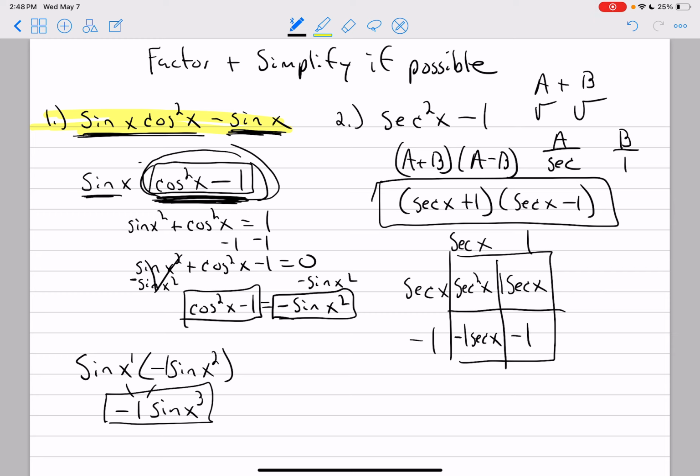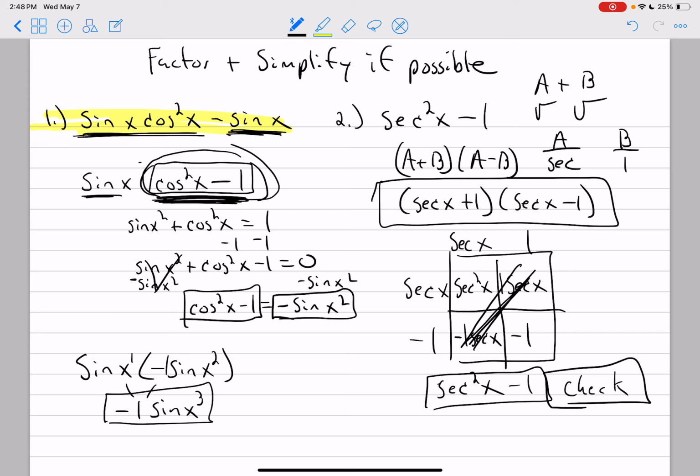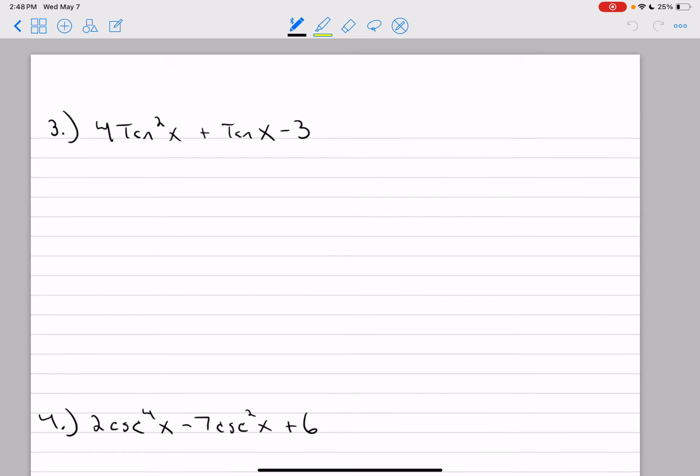So I end up with secant squared x, the secant x terms cancel out, minus 1. Boom, that's my check. You don't have to do the check, but that's just a reminder because we haven't looked at it for a while. All right, let's go on.